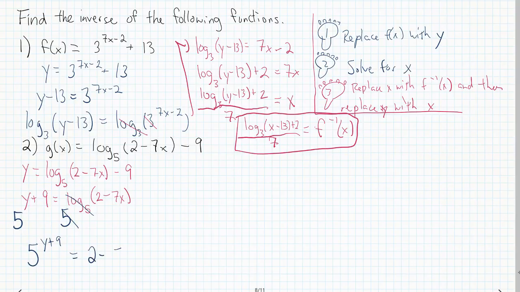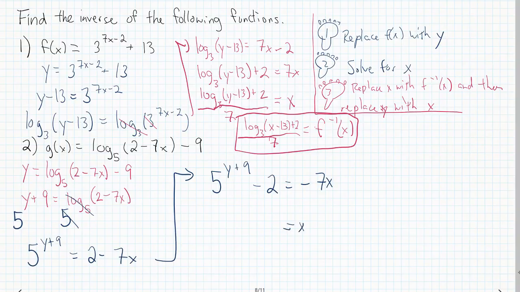equals 2 minus 7x. Now we can subtract 2 from both sides, and that leaves us with 5 to the y plus 9, minus 2 equals negative 7x. Divide both sides by negative 7, so x equals 5 to the y plus 9, minus 2, all divided by negative 7.